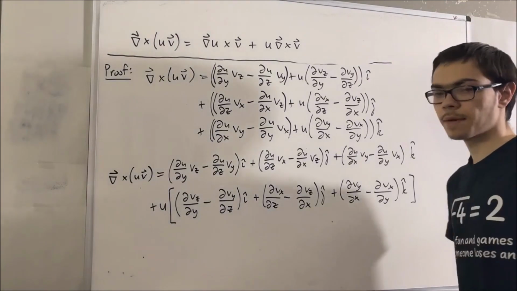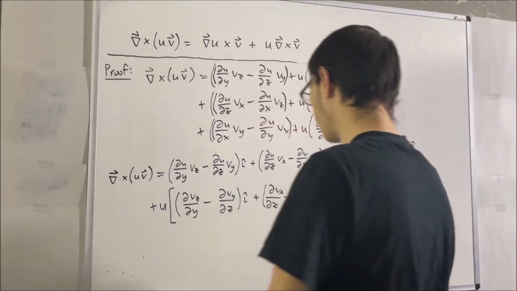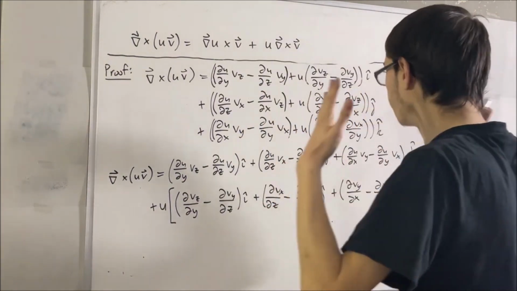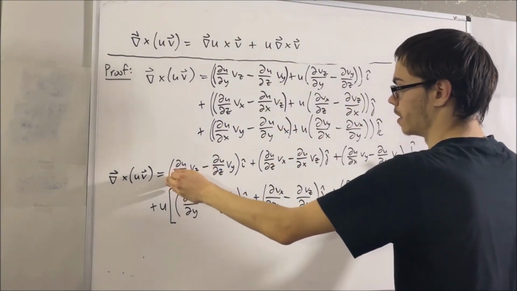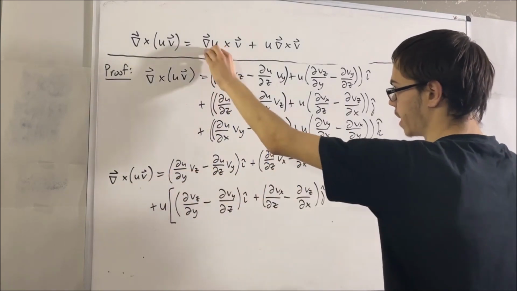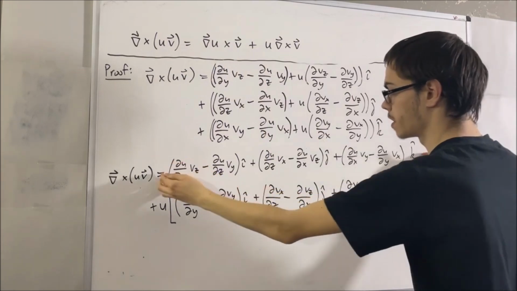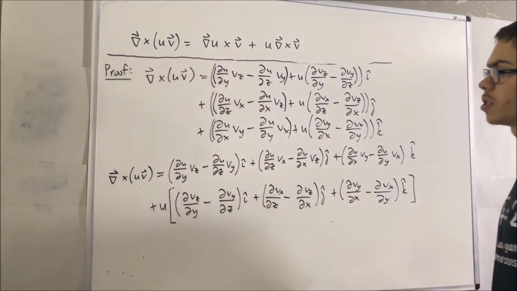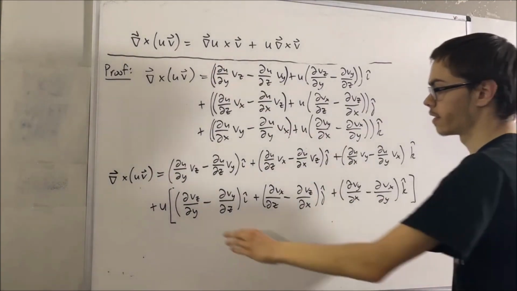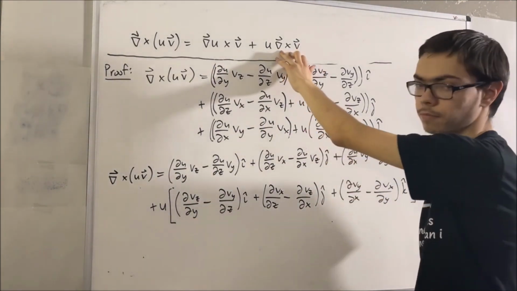And so this next step is up to you. You need to be able to verify and convince yourself that this first vector is determined by the gradient of u crossed with vector v, right? In other words, this first vector is actually the result of a cross product. And you also need to be able to convince yourself that the thing that we have inside these brackets is the curl of vector v.